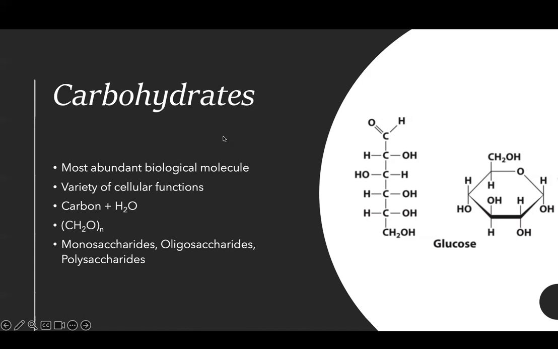So this and this is the same exact molecule, just in a different arrangement. There are also certain carbohydrate derivatives, many of which include certain groups containing nitrogen, phosphorus, or other elements. And all carbohydrates are easy to recognize by the large number of hydroxyl or OH groups.